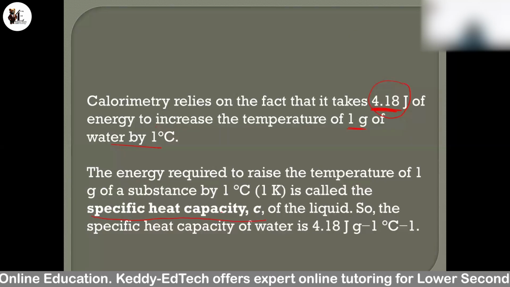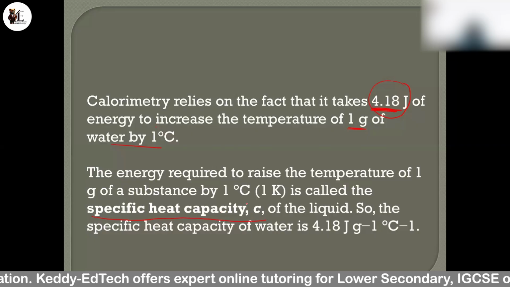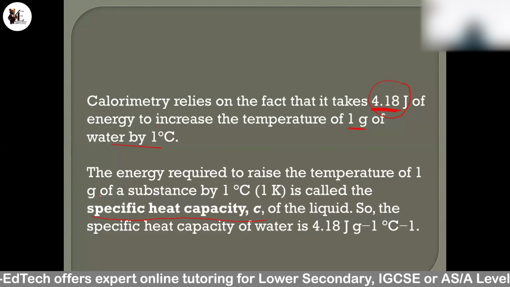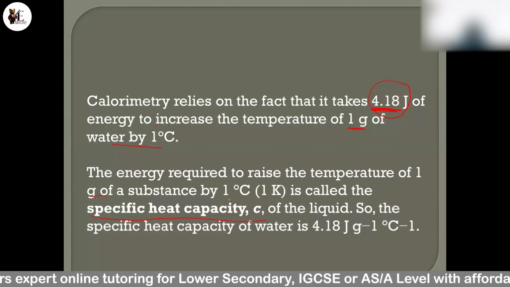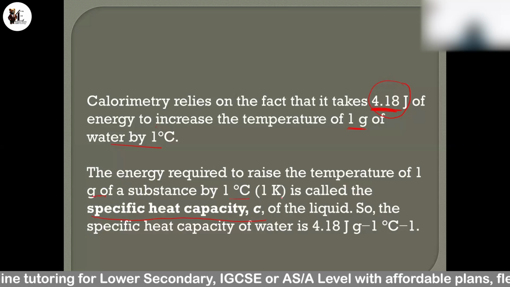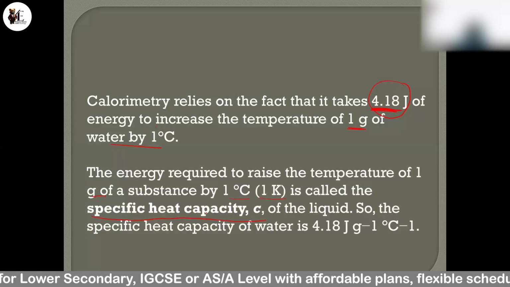So what is specific heat capacity of the liquid? The energy required to raise the temperature of 1 gram of a substance by 1 degree Celsius or 1 Kelvin is called the specific heat capacity.